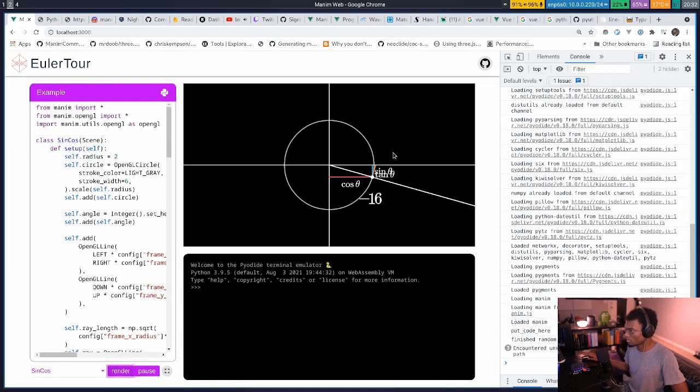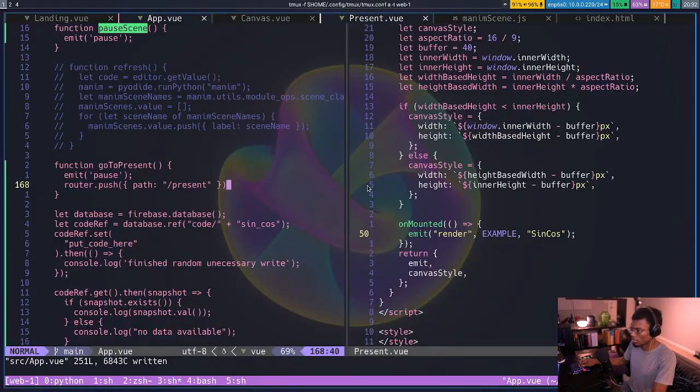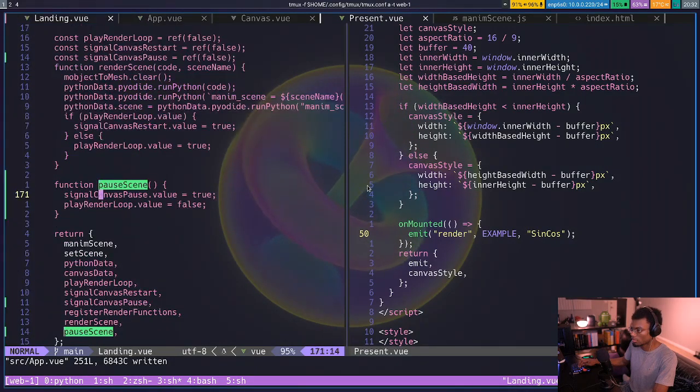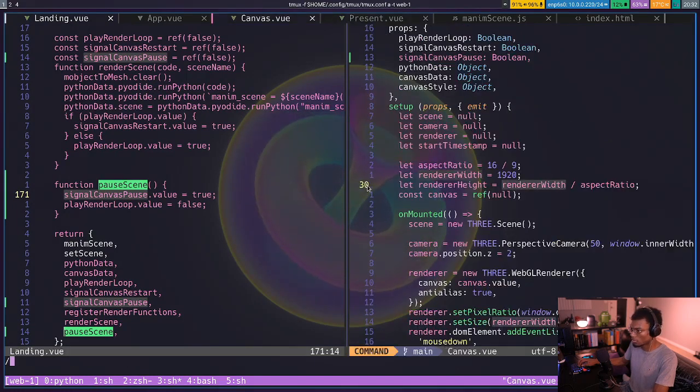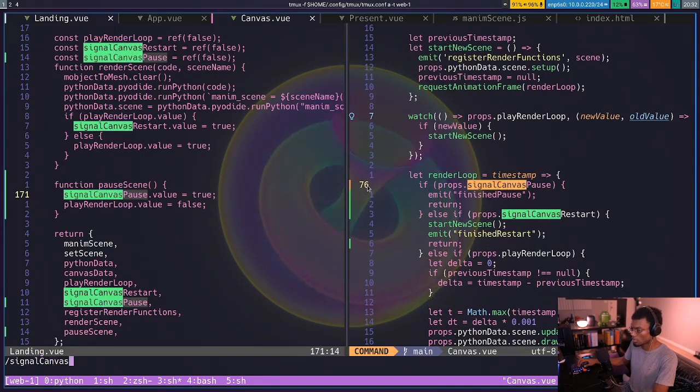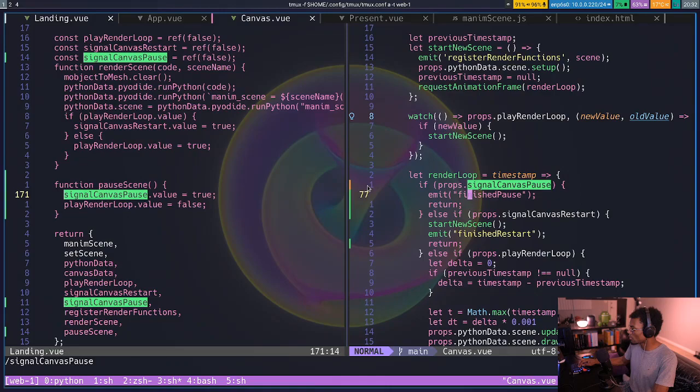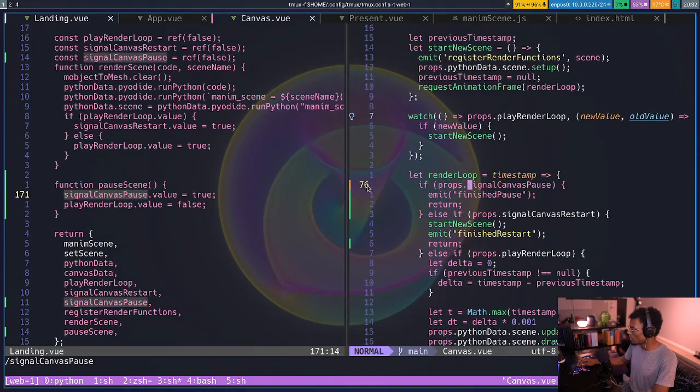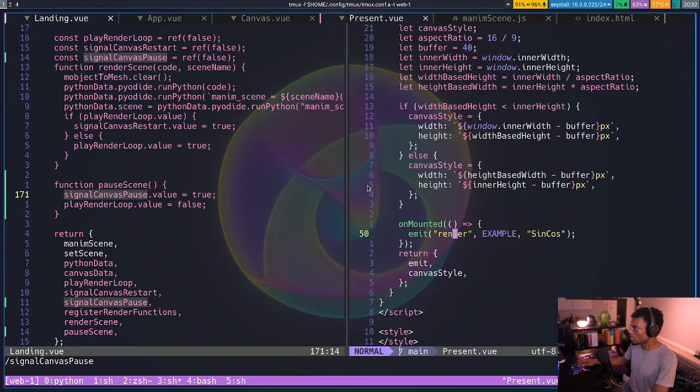If it's rendering, then that doesn't work. Man, that's annoying. So I hit this pause, then go here. Emit finish pause and return, so that won't request another animation frame. Then this will get pushed. Then it should emit the render.